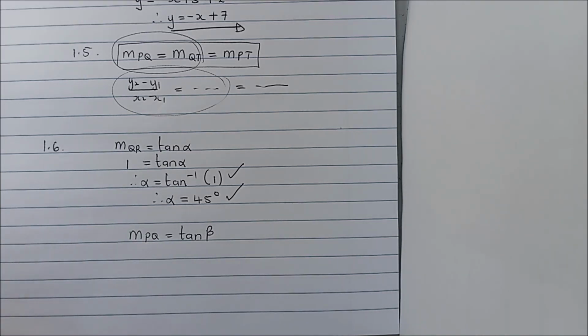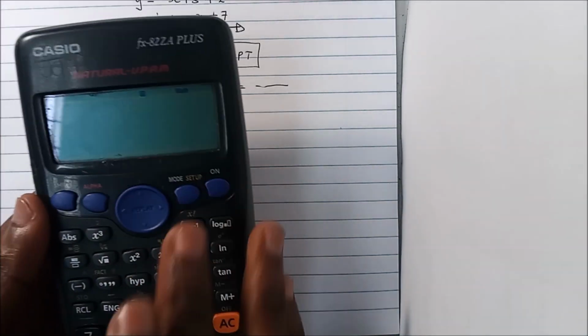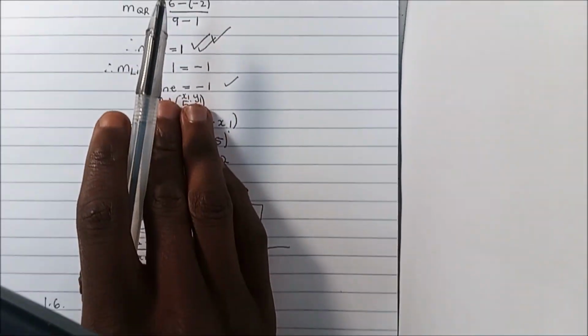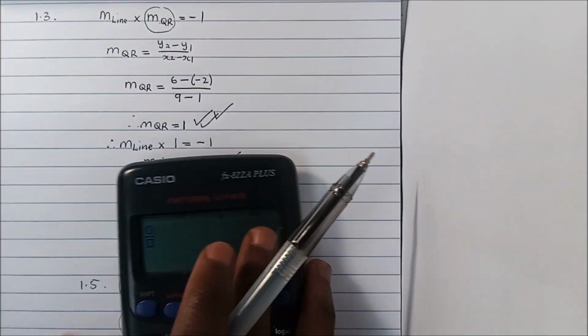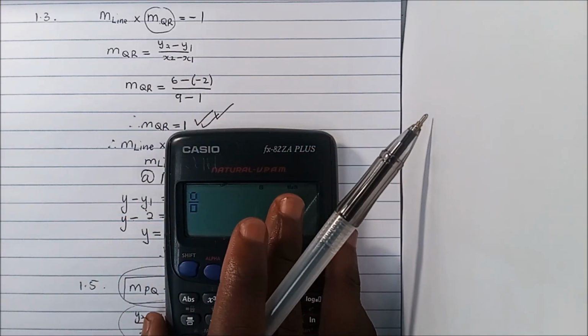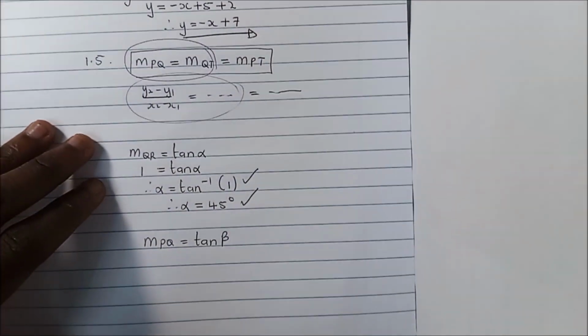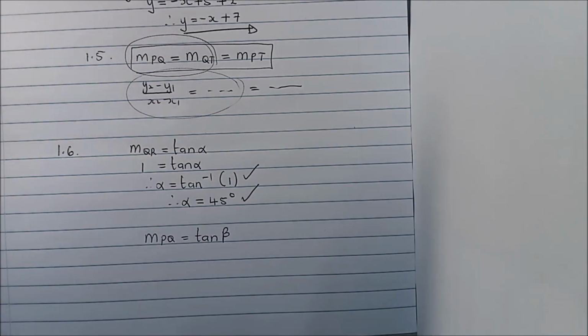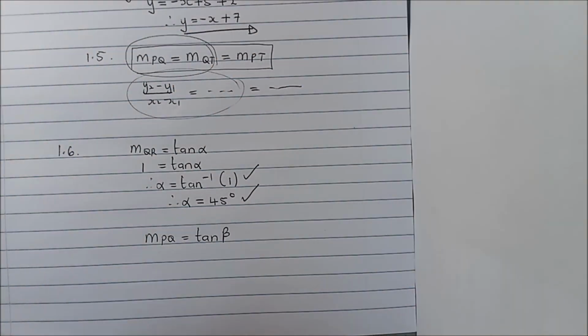Let's go ahead and calculate the gradient of PQ. So we know the gradient formula is y2 minus y1 divided by x2 minus x1. So you calculate the gradient of PQ, and then you try to solve that and send it in the comment section. I want to see what's going to be your approach.